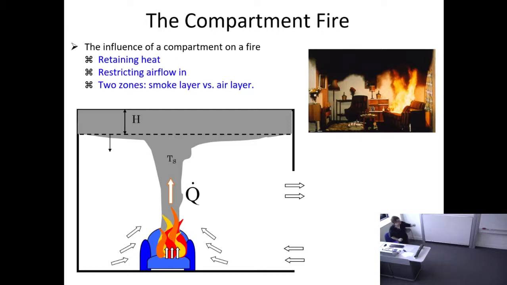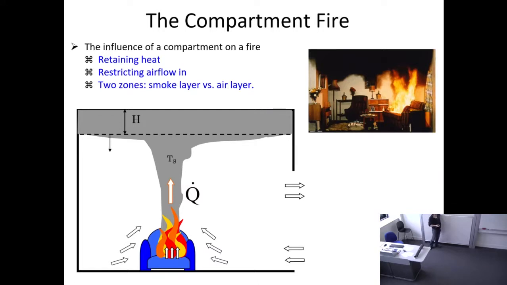Then the descent of the smoke layer will modify the dynamics, because either it will find a window or a door, and then the smoke will leave the compartment through that, and there will have to be a balance between how much smoke is being pumped into the room by the fire and how much is leaving through the windows and doors. This window might initially be closed, but then the fire and its radiation might crack it and break it, and that will change the dynamics.